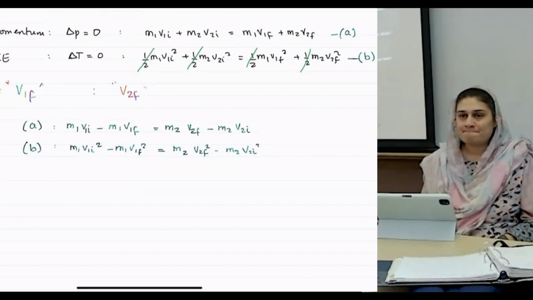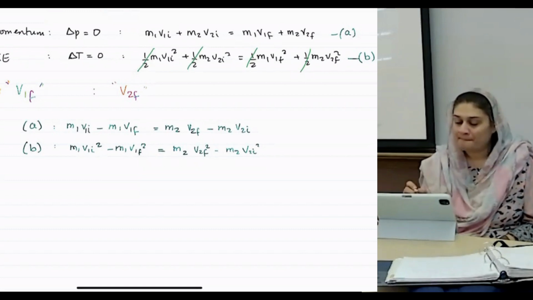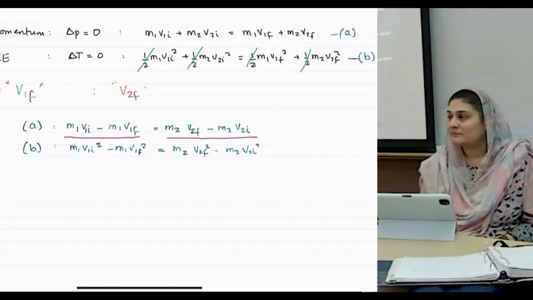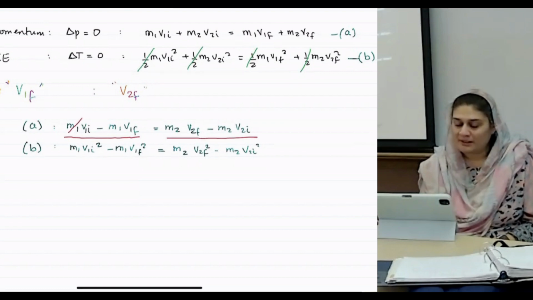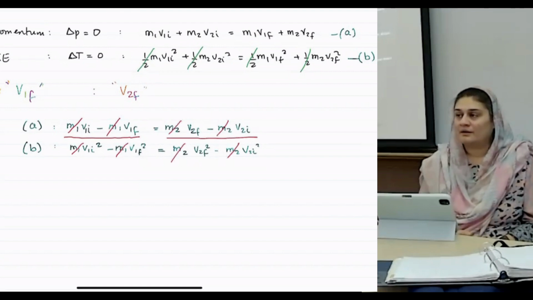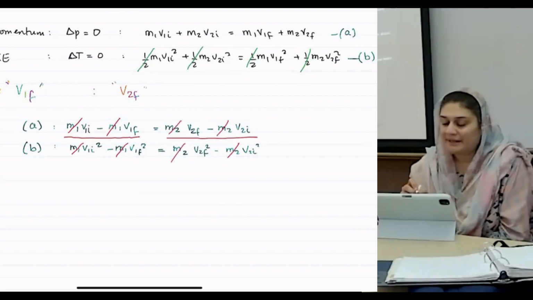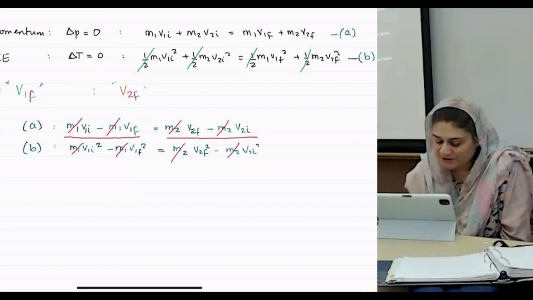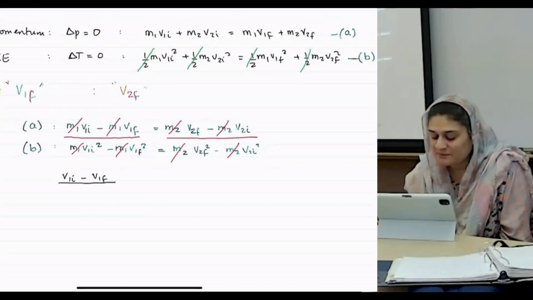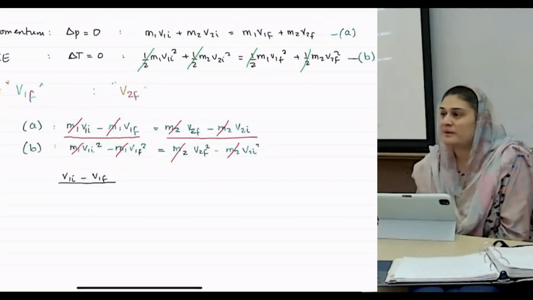Yes? May I divide equation A by B? Mathematically, I'm allowed to do that. So will the ones go away? Will the 2 go away? May I rewrite that expression as V1I minus V1F divided by V1I squared minus V1F squared.